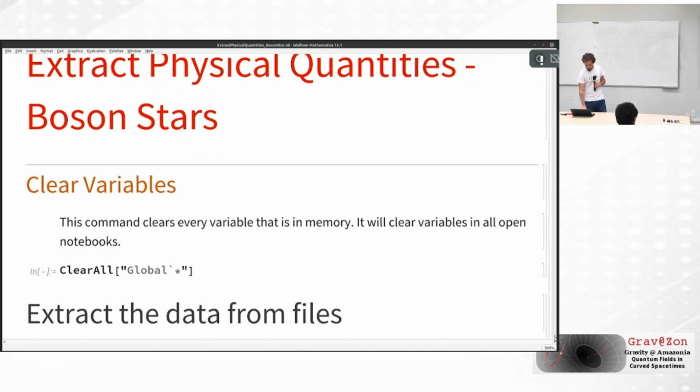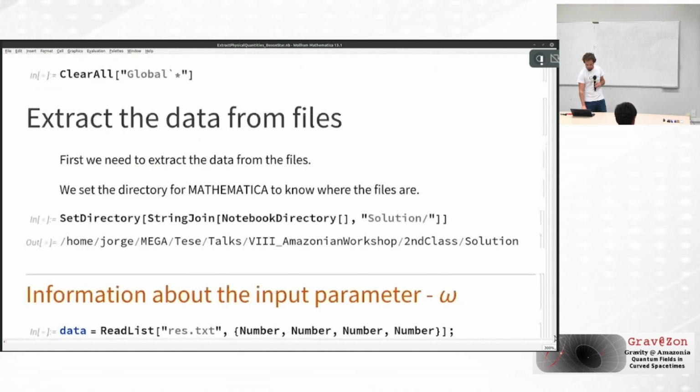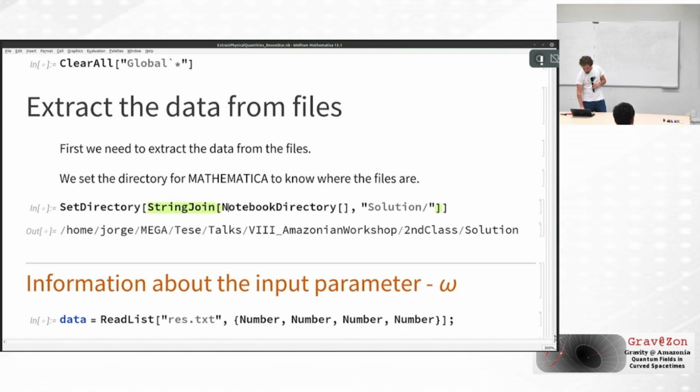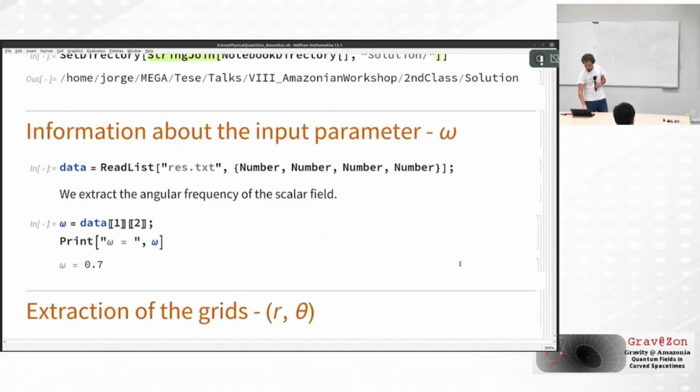Then you start to extract data from the files. This first line is just to define the directory for Mathematica, to go to the directory where you have all the files. It's important. Then you can start to get some information, for example, the input parameters.